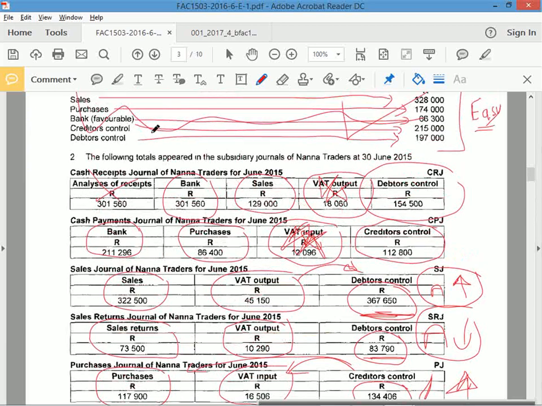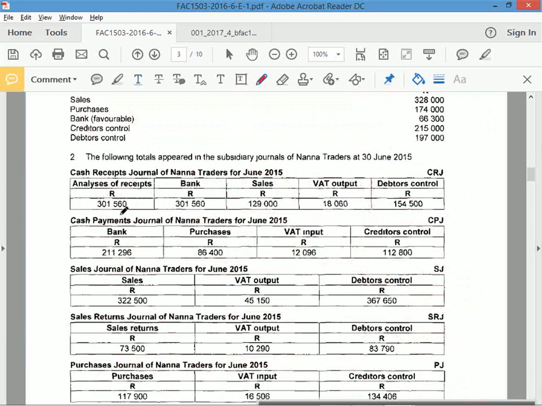In the cash payments journal, what does your bank represent? The bank represents the amount that I pay, which is everything. Do you agree? When I pay someone for something, I pay VAT inclusive. So I've actually paid for all of that. Does that make sense?